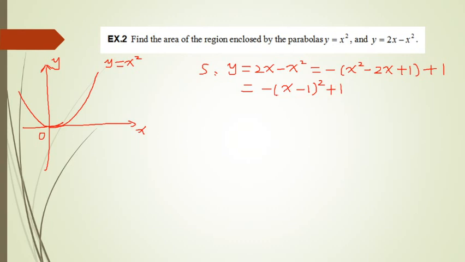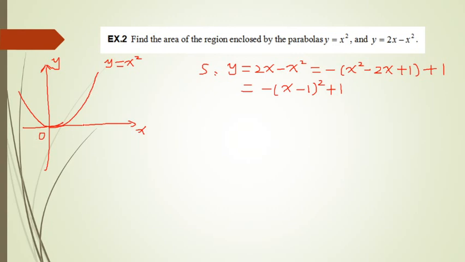So how can you get this parabola? You flip y equals x squared to get y equals minus x squared. Then you shift 1 unit to the right and 1 unit upward. So the vertex will be (1, 1).